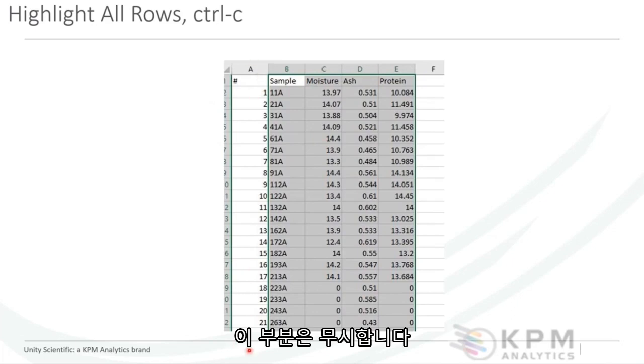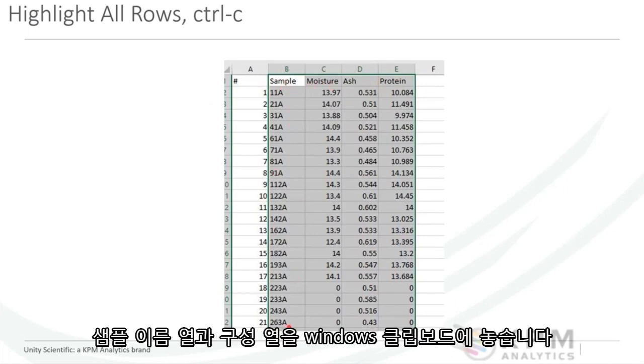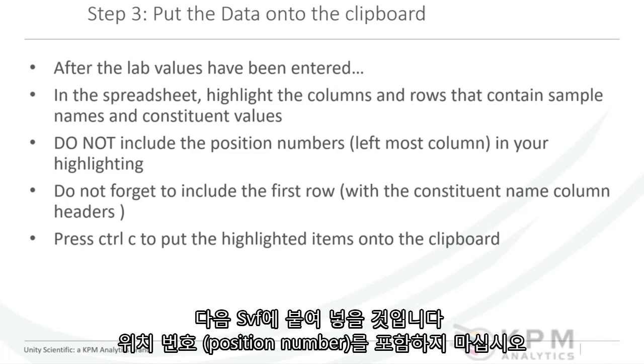A couple of slides back, I told you to delete this. I would recommend you delete it, but no matter what, your copy should just include the sample name column and your constituent columns. That puts it into the Windows clipboard, and then we're going to paste it in to the SVF, okay?